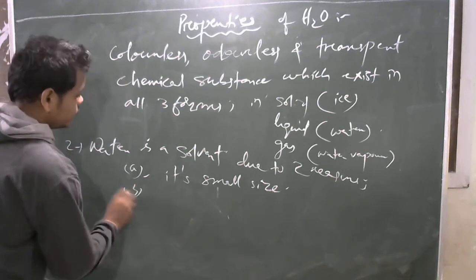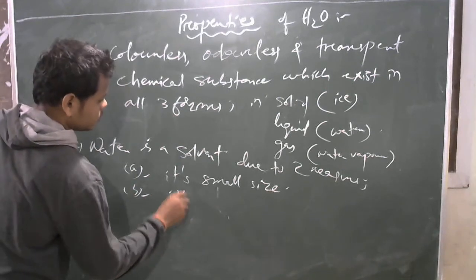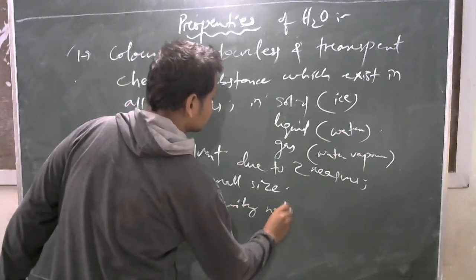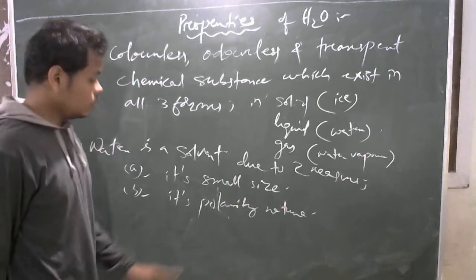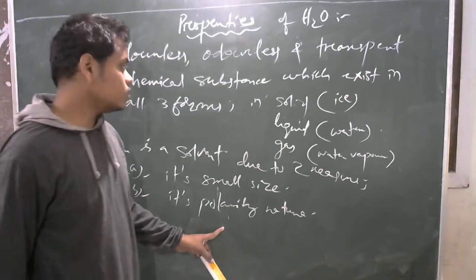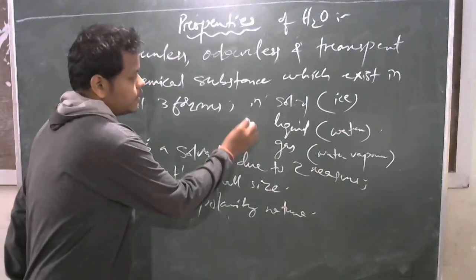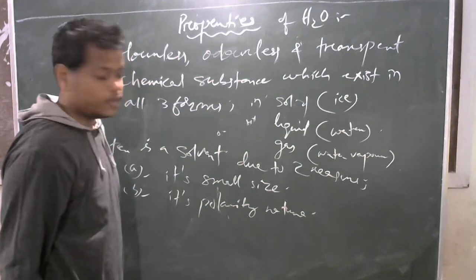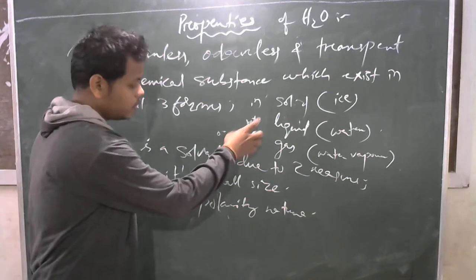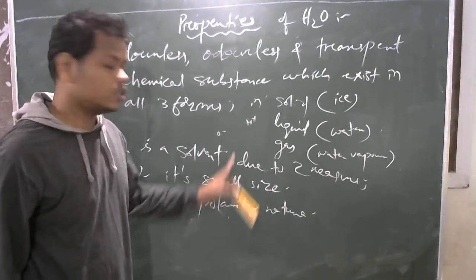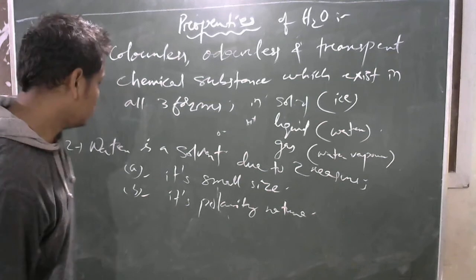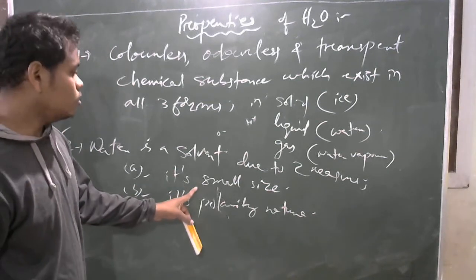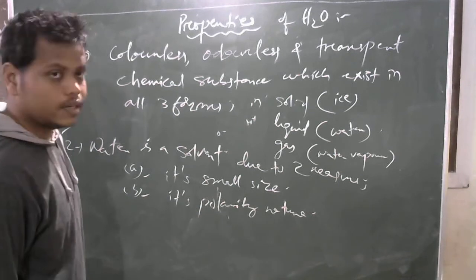Then the second point is its polarity nature. I discussed earlier what the polarity nature is. That means positive charge develops at one end and negative charge develops at the other end. Due to the charge separation, this is called the polarity nature of water. So this is the second property of water. Water is a solvent due to two reasons, small size and polarity nature.